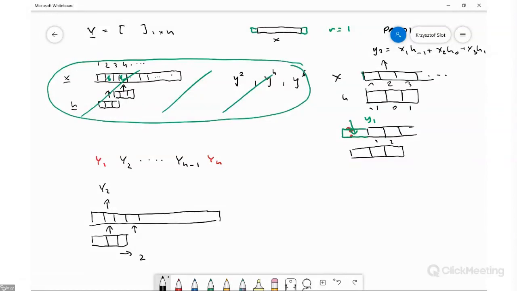So this is my second location, and I compute y4. And I can move it again, not by 1, but by 2, and I can compute y6. And this is absolutely justified because I'm using all information encoded in the input data.